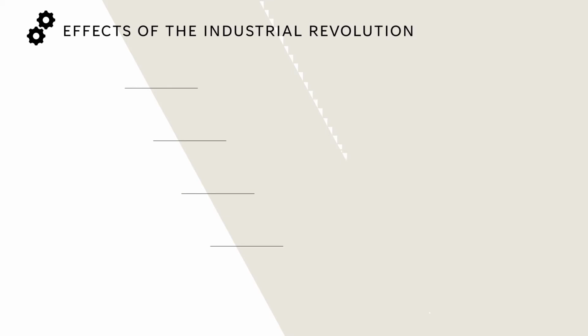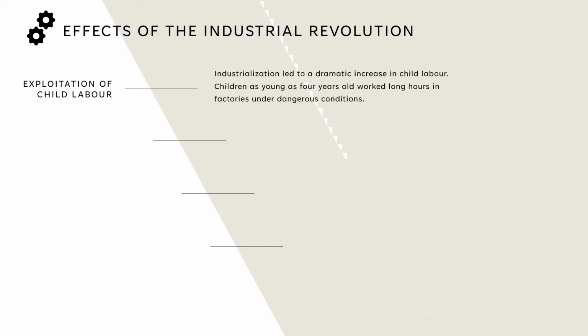So, here are some effects of the Industrial Revolution. The first thing that we see is the exploitation of child labor. Now, one of the most negative effects was the condition in cities. Families, in order to support themselves in these cities, often sent their children to work.